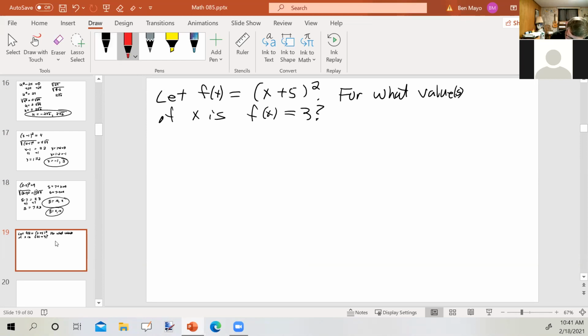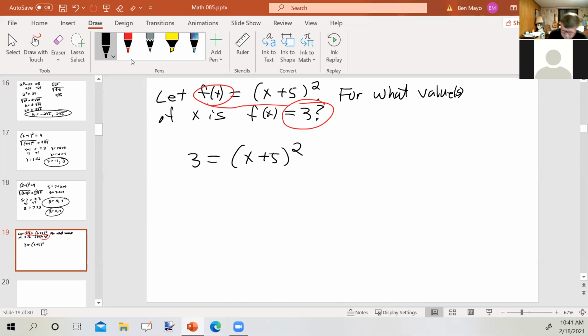So basically, we're going to substitute that in the place of f of x. So our equation becomes 3 equals the quantity x plus 5 squared. Now, maybe it's just me, but I prefer to have my square with the variable in it on the left side. So I'm just going to flip this whole thing around and put it over there. It's still the same equation. Any questions about doing that? And you don't have to. I just like to do it that way.